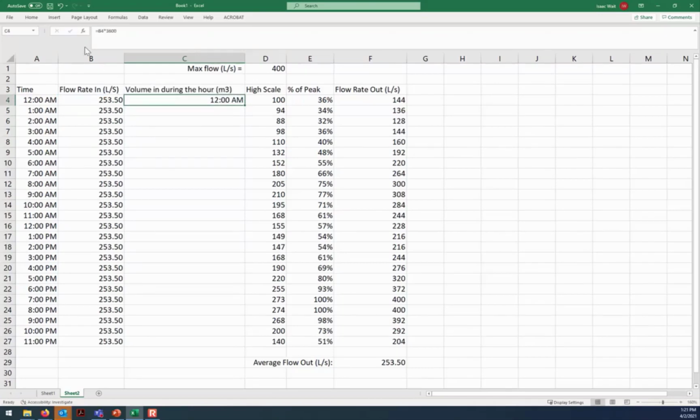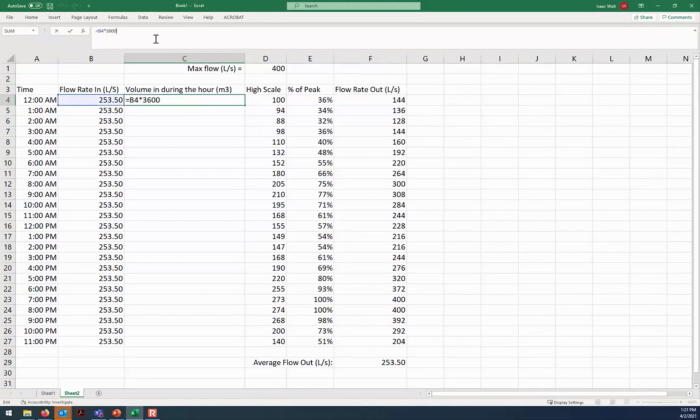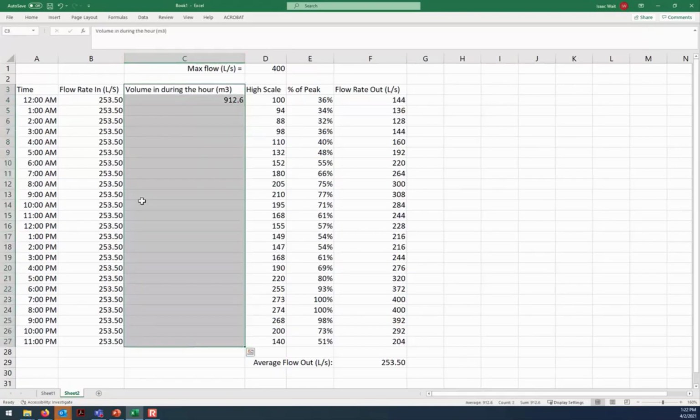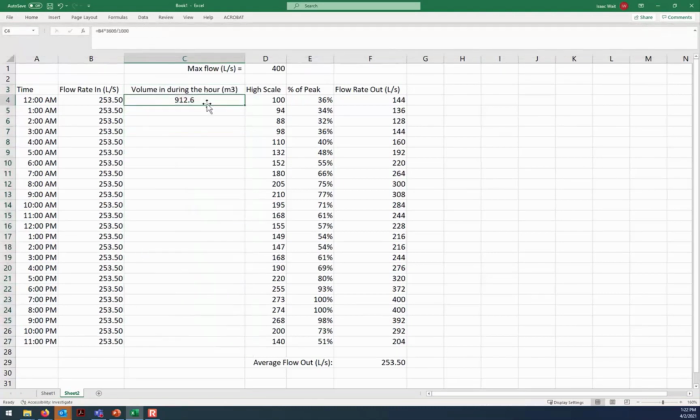That is formatted as time, which isn't great. This is liters per hour, but I want to divide by 1,000 to get cubic meters per hour. So if we have 253.5 liters per second for a 1 hour increment, then there are 912.6 cubic meters flowing into the tank during the hour.